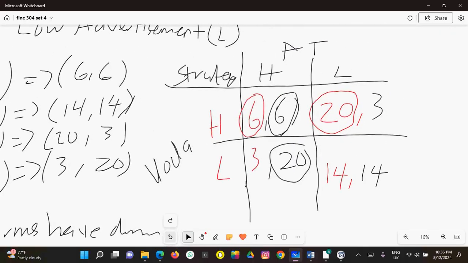Looking at here, the Nash equilibrium for this is high, because that's where two best responses meet. You can see where I've circled these two is what we term the Nash equilibrium, or the pure solution, right?